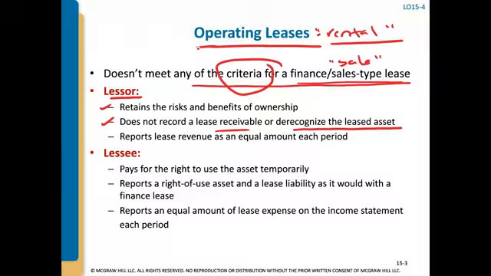In a sales type lease, the lessor would take the asset off of its books and record a lease receivable in exchange because it's treated more like a sale. Here in an operating lease, it's not a sale, so the lessor does not remove it from its books and does not have a lease receivable.